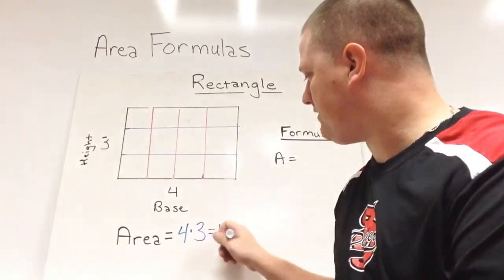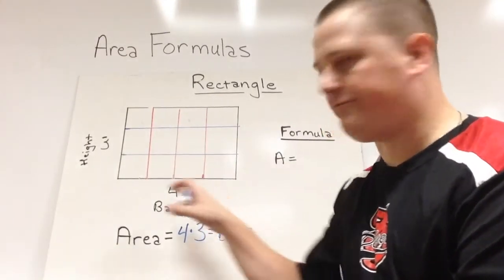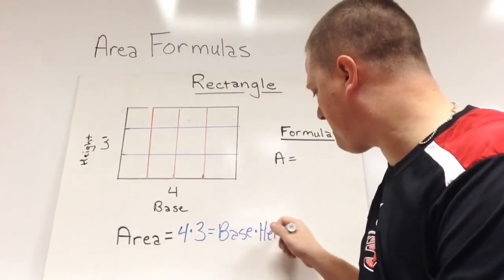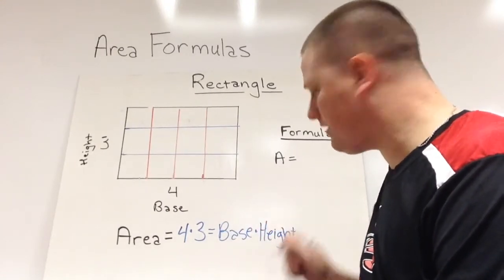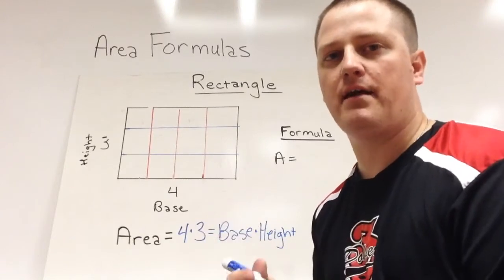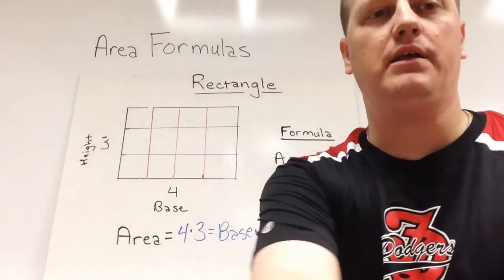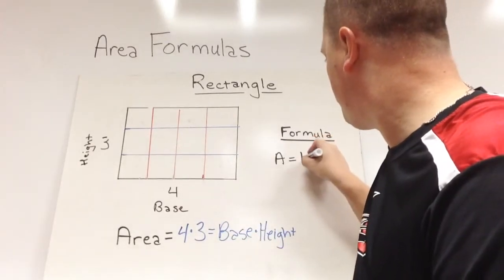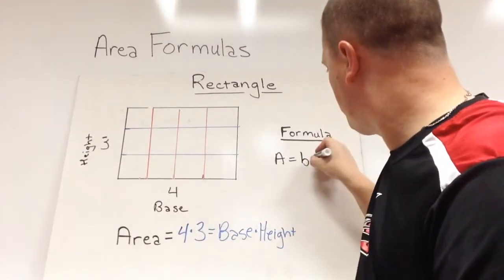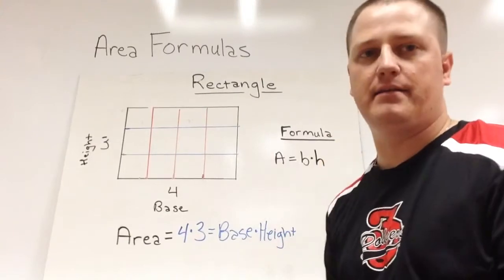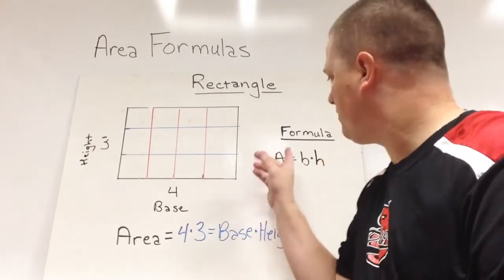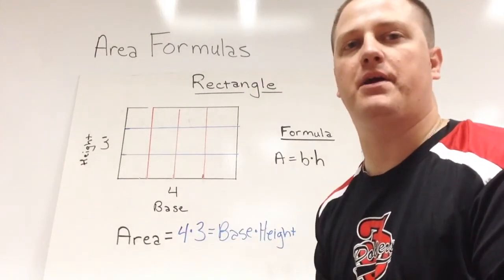Or base, which was what the 4 represented, times height. So the area of any rectangle can easily be found by going the base times the height. We use a lowercase b and a lowercase h, whereas area is represented by an uppercase A.